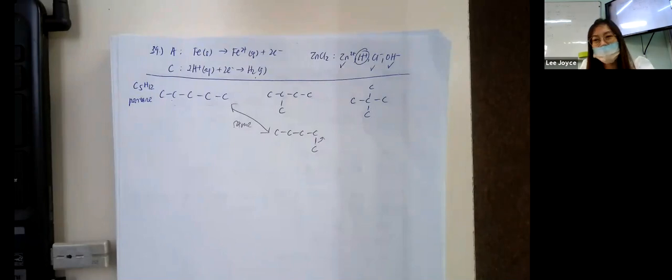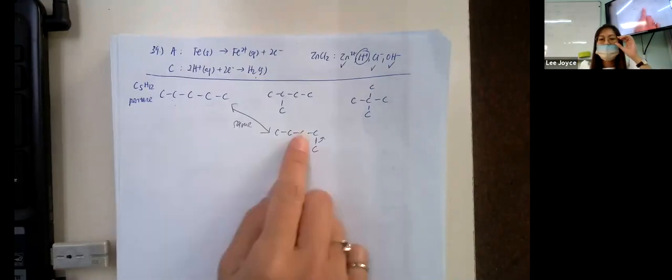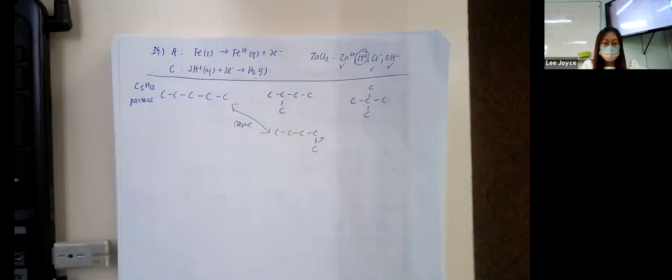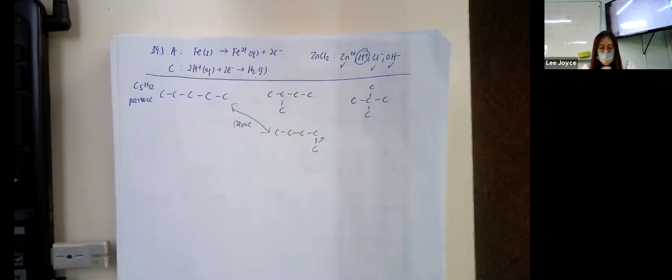It actually needs a bit of time to visualize the structure, because all these carbon chains are not flat on paper. In actual fact, organic molecules are 3-dimensional. Let me show you an example.